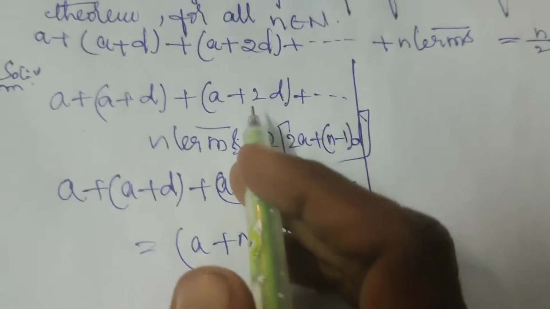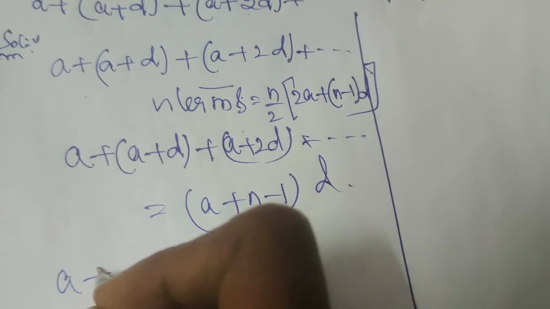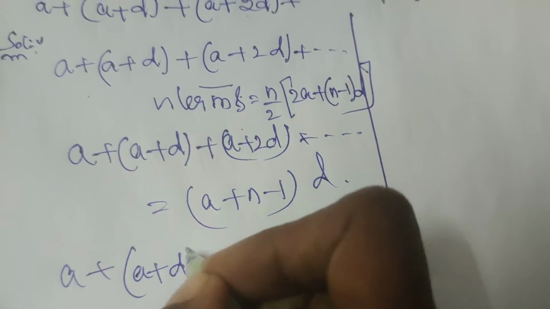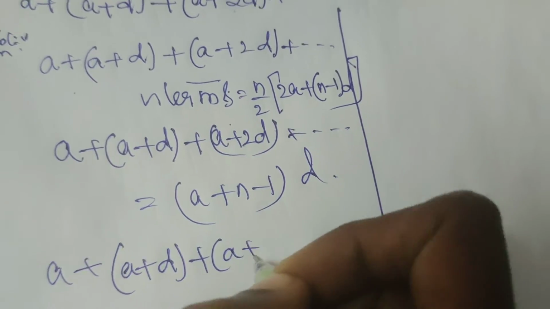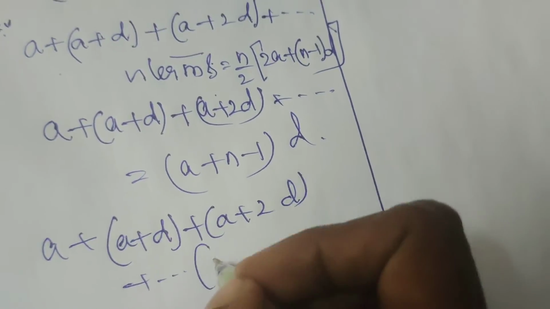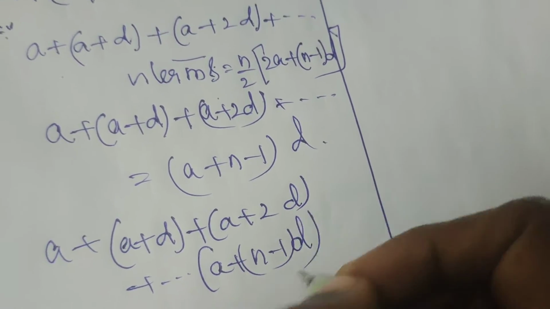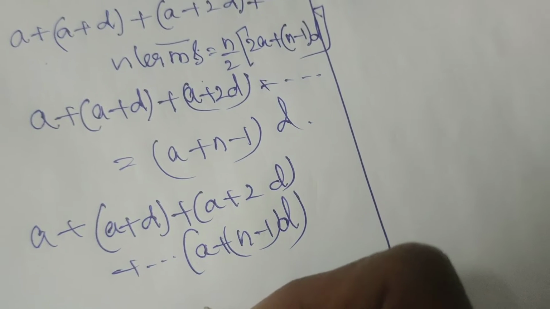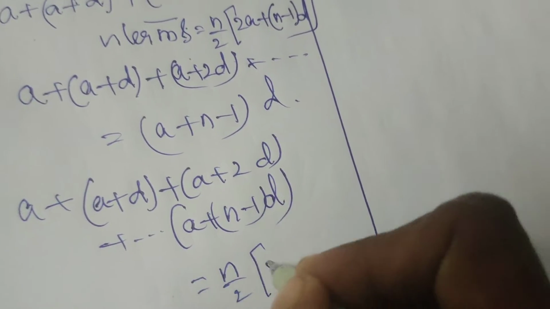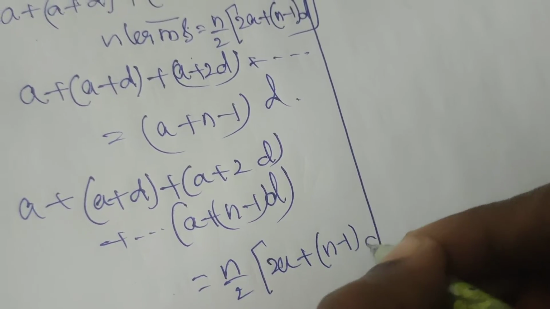So the statement is a plus d, a plus 2d, and so on, plus a plus n minus 1 into d, equals n by 2 into 2a plus n minus 1 into d.